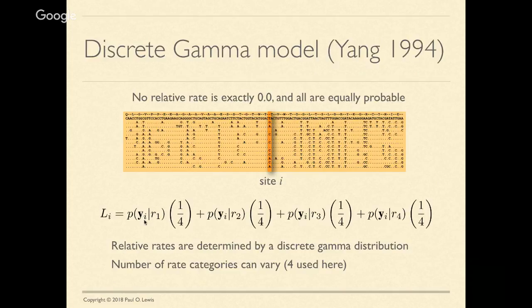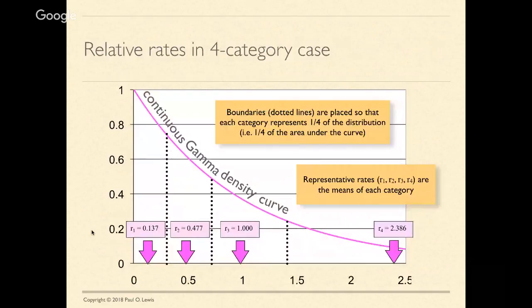So how do we get these rates in this case? Last time we set one of them to 0 and the other one was determined because we set one to 0. Now we're going to get them from a gamma distribution. If we have a continuous gamma density curve, we can divide it into 4 chunks if we have 4 categories, and each chunk has an equal area.